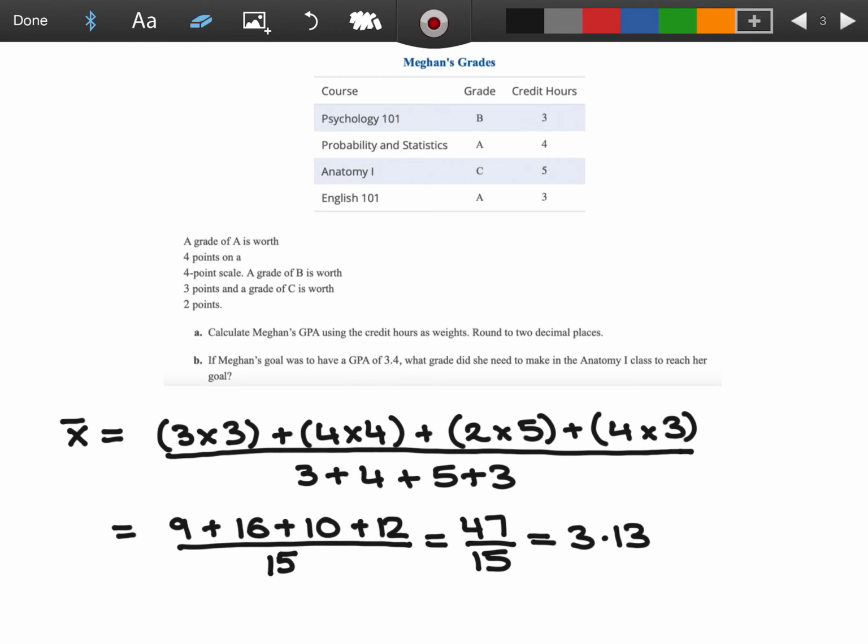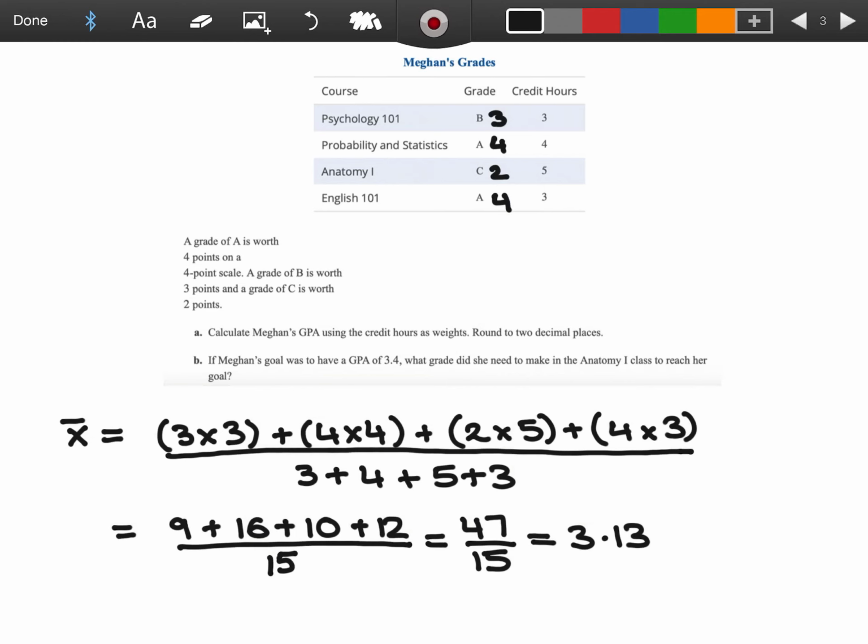So she got a B in Psych, which is worth 3 points, an A is worth 4 points, a C is worth 2 points, and an A is worth 4 points. So she got 2 A's, a B and a C.